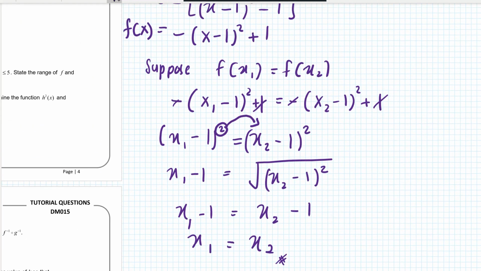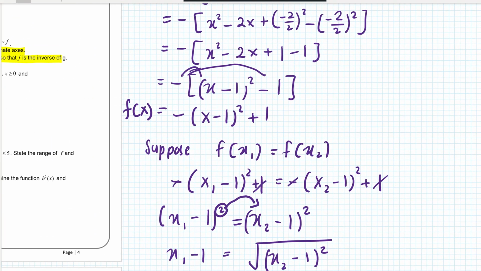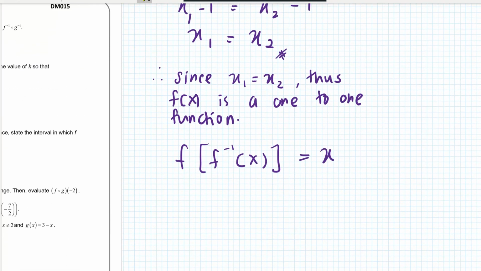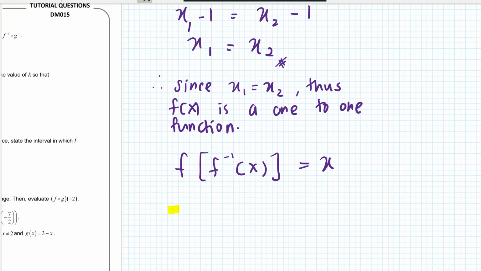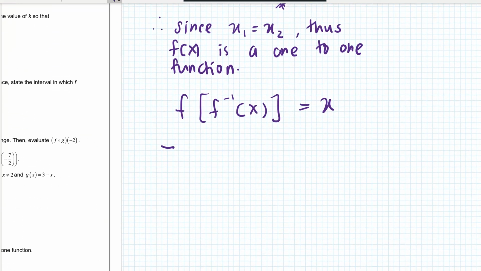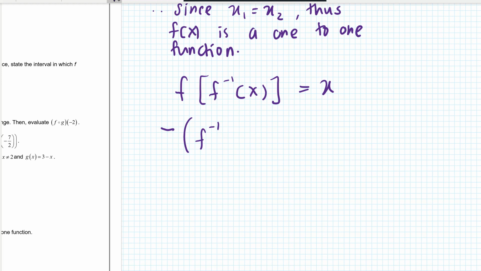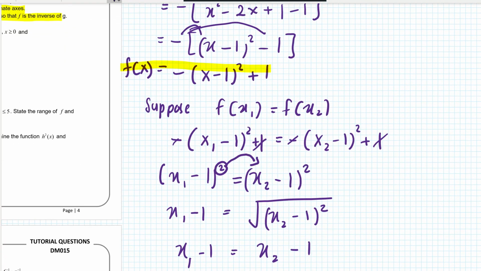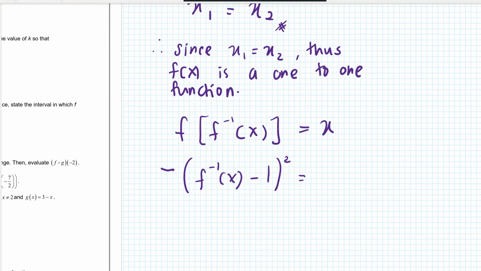Now we can use our f(x) that we have done by completing the square. So we have negative (f inverse(x) minus 1) squared plus 1 is equal to x.